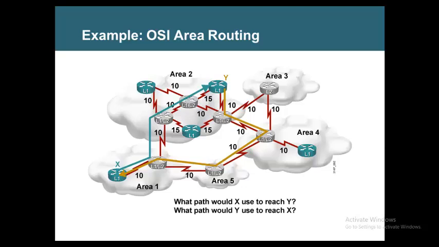Now, based on what I said on the previous page, tell me why the path of x to reach y is this way, and the return path from y to reach x is this way. Why?